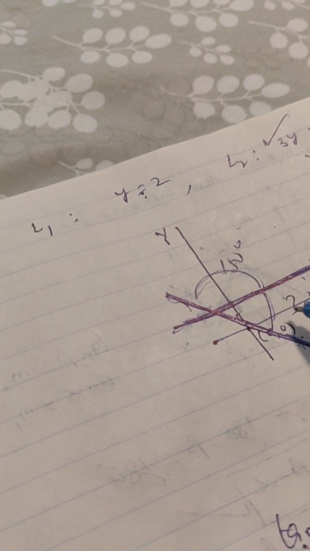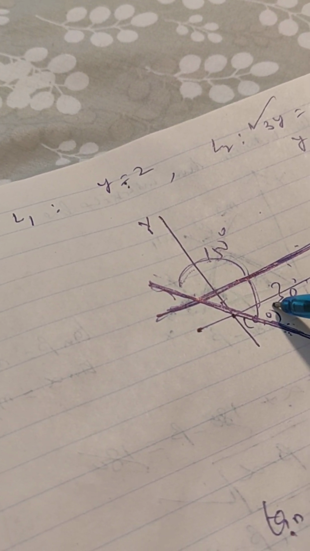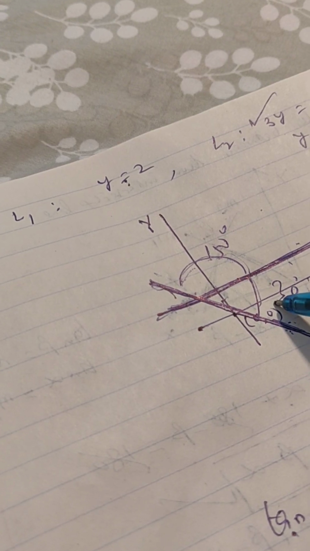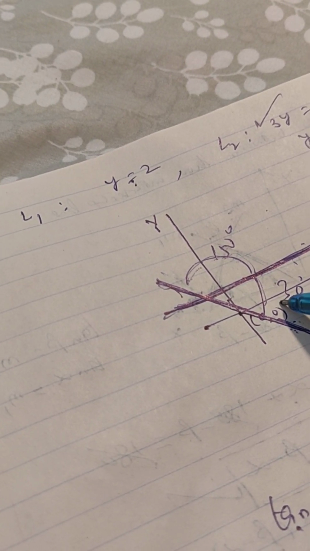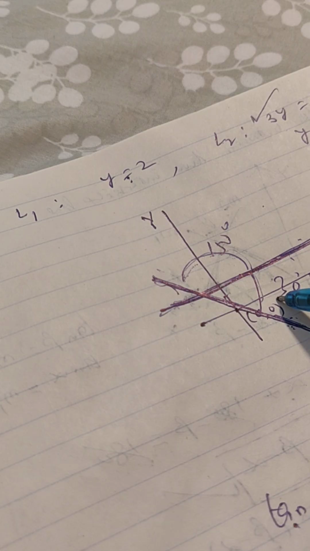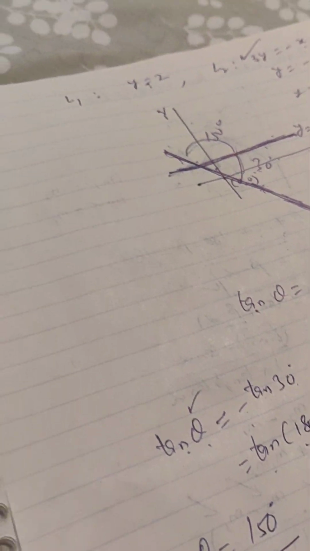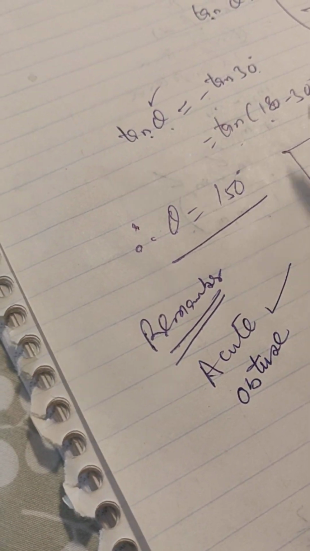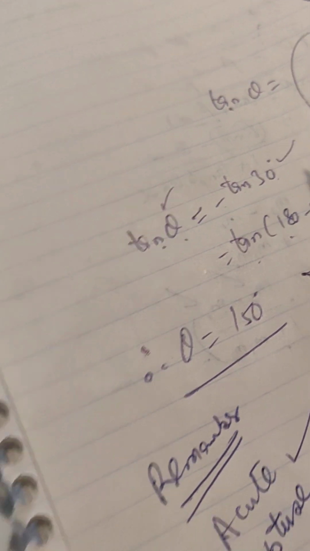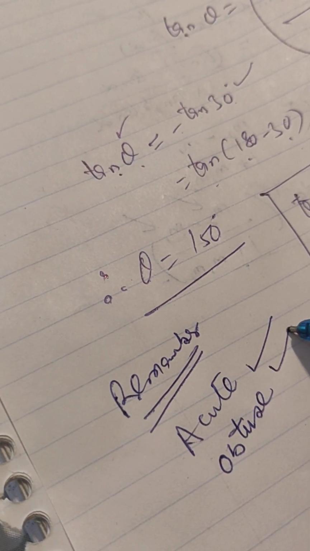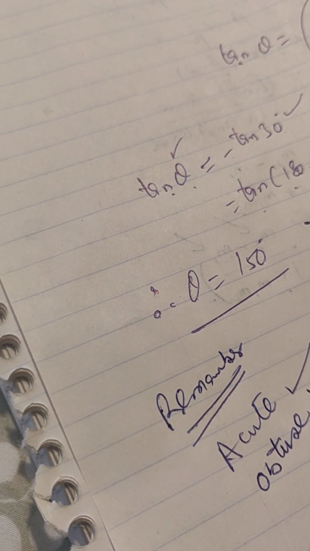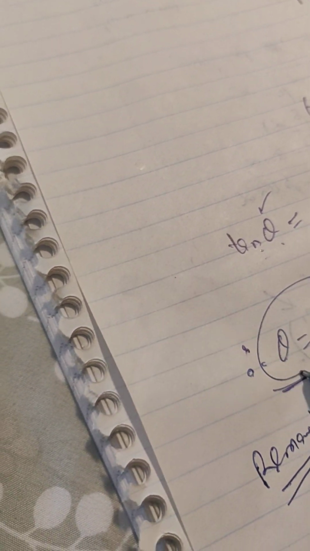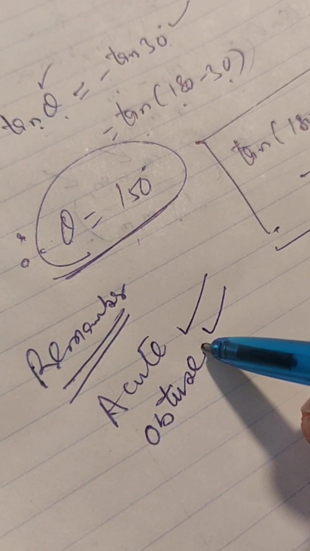So it hardly makes any difference. But how to present the results is very important, because we have certain conventions. Here it was 30 degree. Just follow the rule. The rule says whatever value you get, you have to present it.